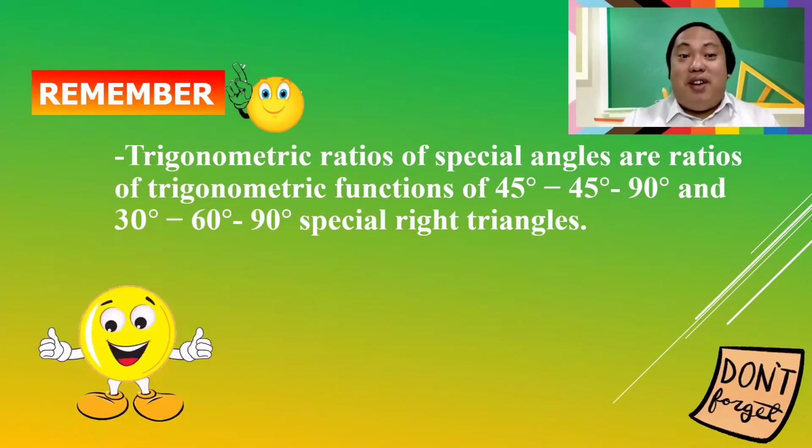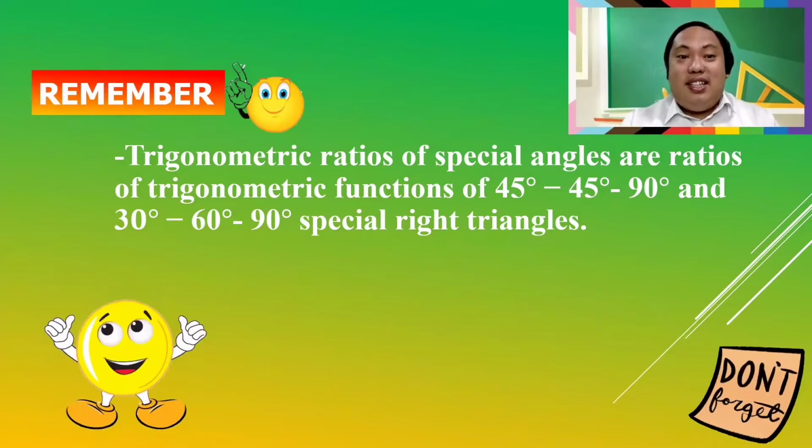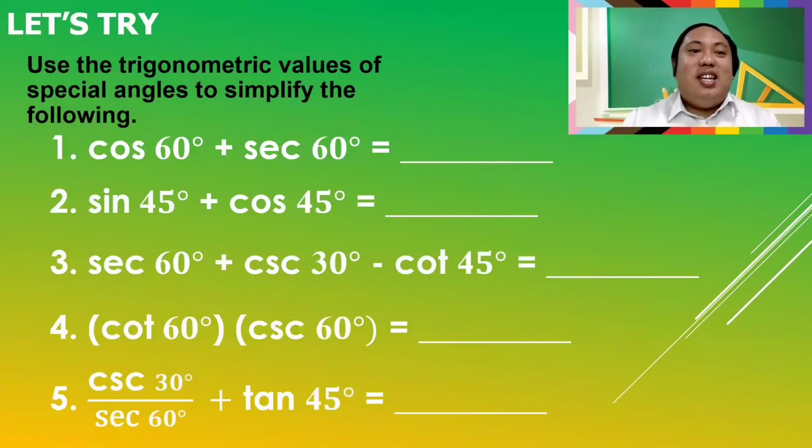Now, are you ready for a quiz class? Let's try. Use the trigonometric values of special angles to simplify the following. Number 1, cosine 60 degrees plus secant 60 degrees equals blank. Number 2, sine 45 degrees plus cosine 45 degrees equals blank.